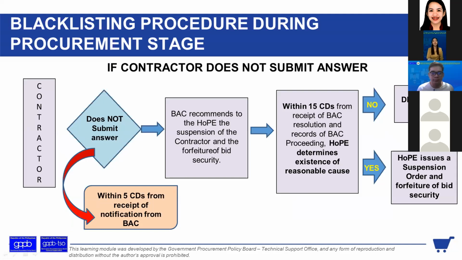This is a quasi-judicial function on the part of the HOPE. He can dismiss the case if walang reasonable cause. But for the BAC, it has no option but to recommend the suspension and forfeiture if there is no answer. Yung HOPE pa ang may determination, yung may discretion to determine whether or not a reasonable cause exists.